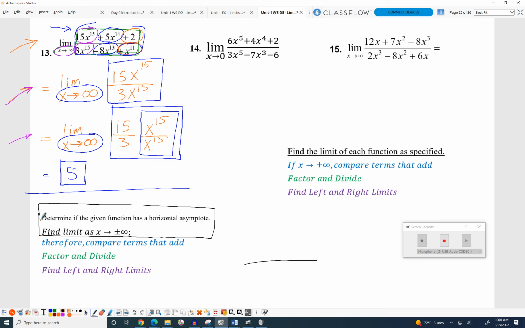So I have this on one flashcard for finding any limit. And then I have this on another flashcard to remind me that if I'm asked to find a horizontal asymptote, I'm simply finding a limit as x approaches positive or negative infinity.